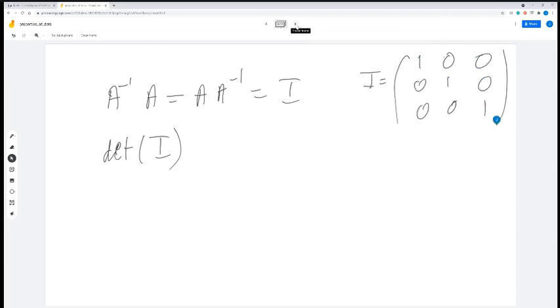Okay. So what is determinant I? Let's try to find it. So how do I do it? I need to pick a row. Let's pick the first row and expand, right?